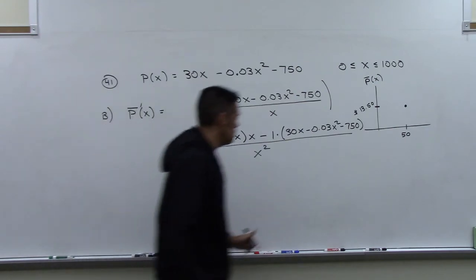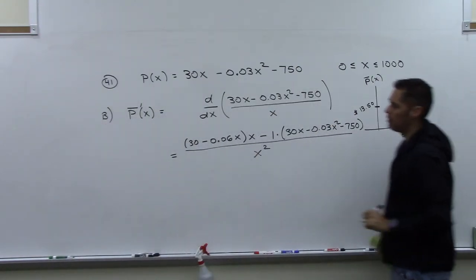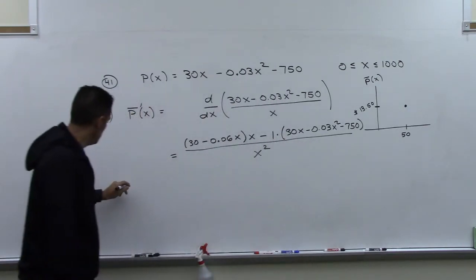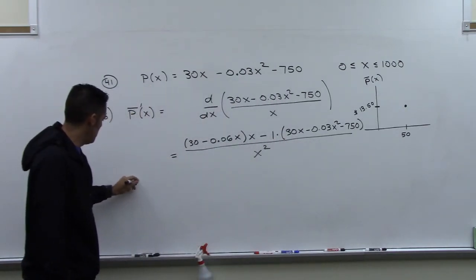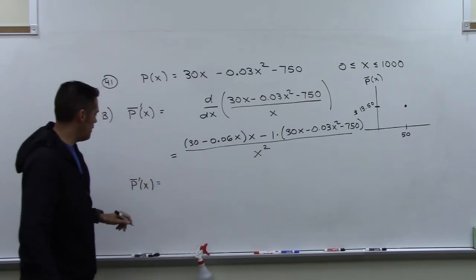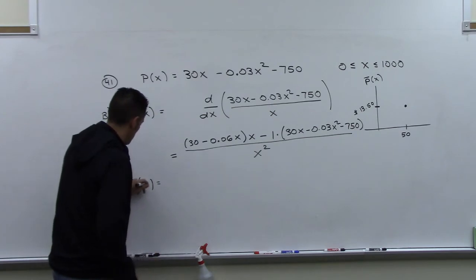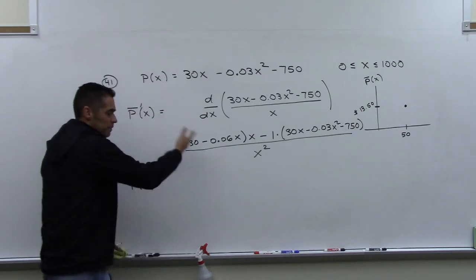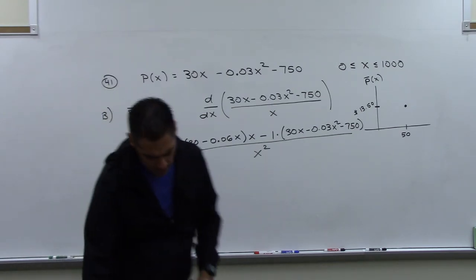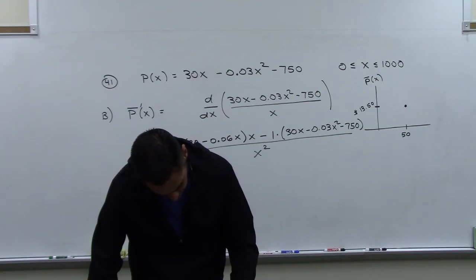What that's going to do is tell us whether or not this graph is sloping up or down here. So let's go ahead and plug 50 into this, and I'm going to save myself the trouble because I'm in a hurry right now to get this done.